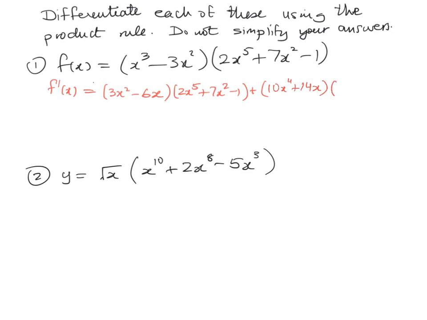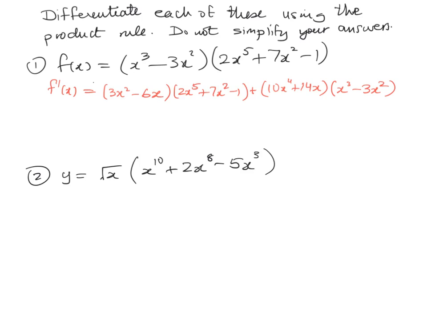Now times the first function left alone, so x cubed minus 3x squared left alone. So again, this was the derivative of the second function times the first one left alone. Derivative of the first function times the second one left alone plus derivative of the second function times the first one left alone. I did not want to simplify the answers. The point of doing this is to practice the product rule, not to actually get any answers right now.